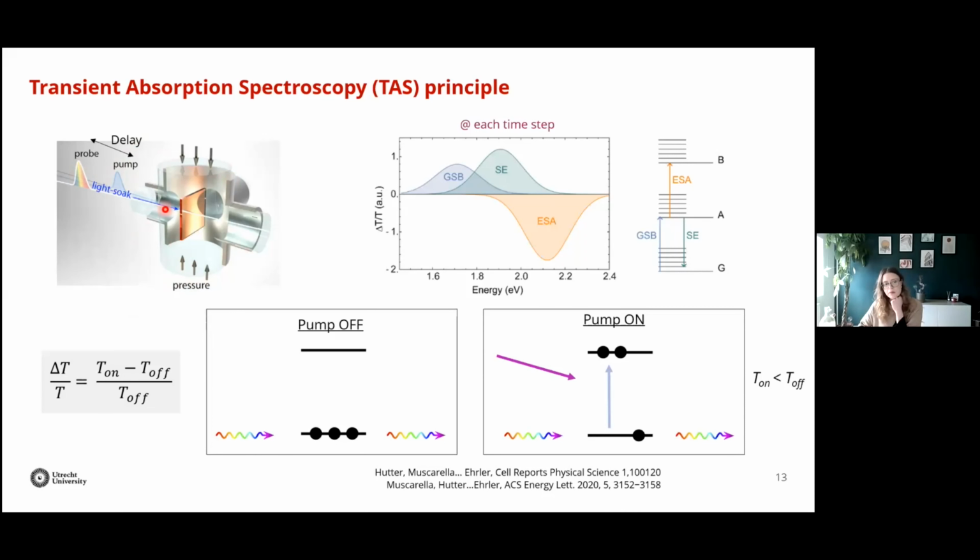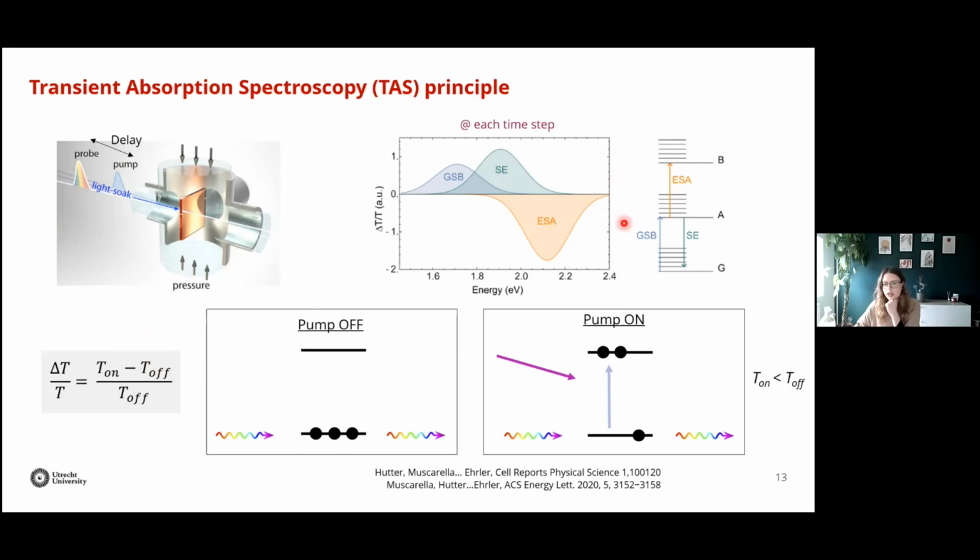So we have a pump light that excites the sample, a probe which makes basically a photograph of the system at a certain delay time between pump and probe, and then we have a light soaking beam, which is the trigger for phase segregation. And the type of output that we have from this experiment is the differential in transmittance when the pump is on and when the pump is off. So of the system, when it's excited and when it's not excited.